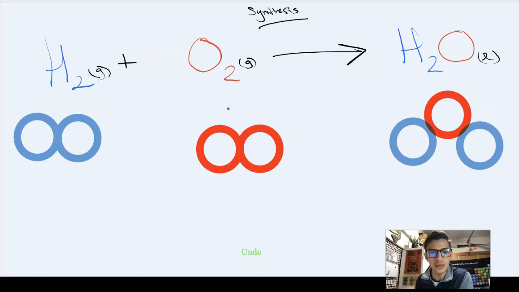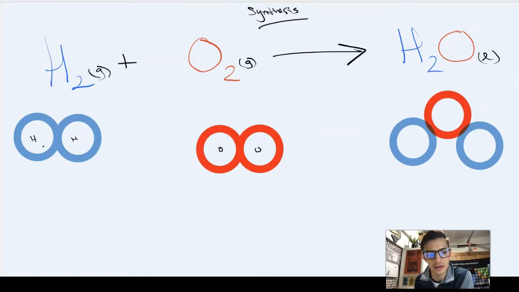So the way that we can check for that is by drawing real quick what the molecules look like here. I've drawn them cartoonish, where you've got hydrogen right here and oxygen right here.